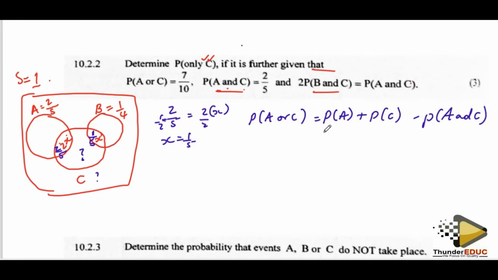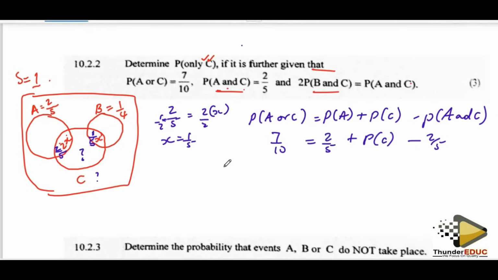So A, we had it as 2 over 5. A or C is 7 over 10. C, I don't know. I'm subtracting the intersection. A and C is also 2 over 5. Okay.